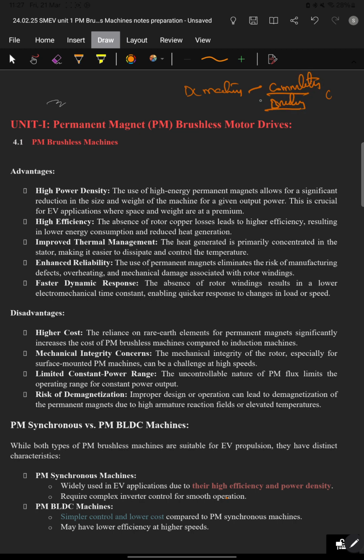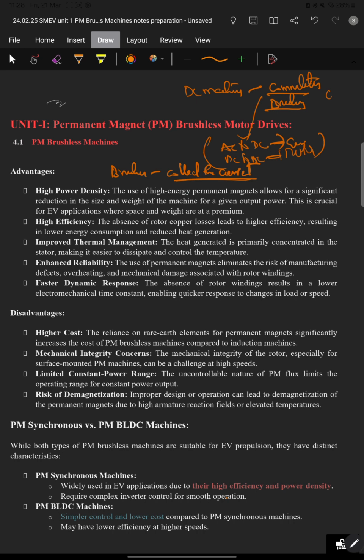The purpose of the commutator is to convert AC to DC and DC to AC, in the case of a generator as well as a motor. So it is called a mechanical rotating rectifier, and the purpose of the brushes is to collect the current.